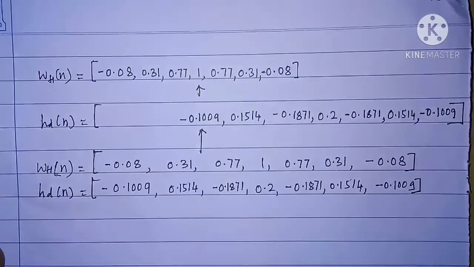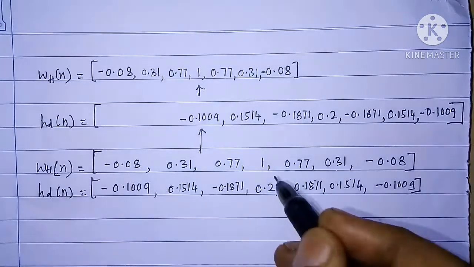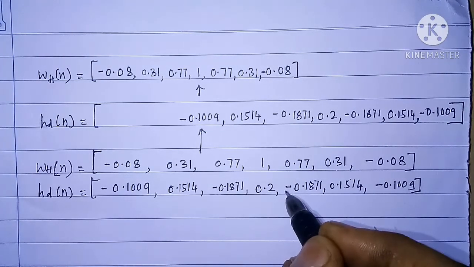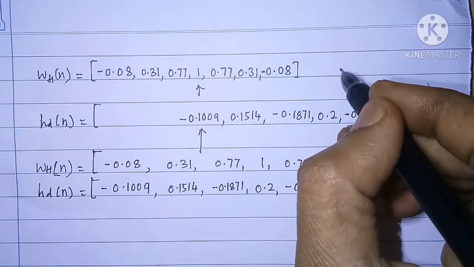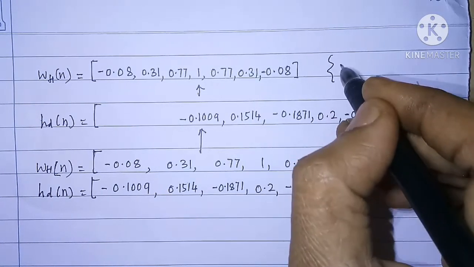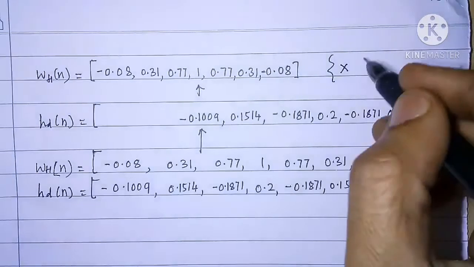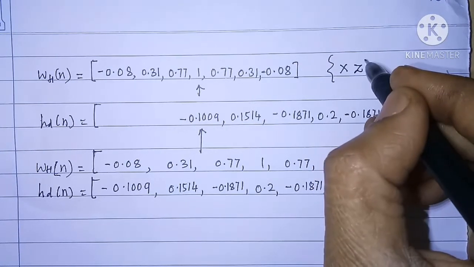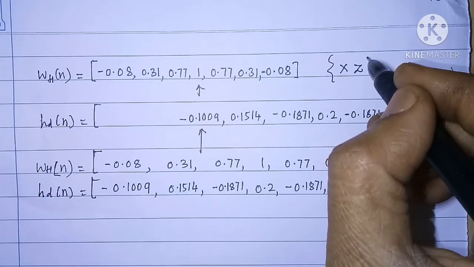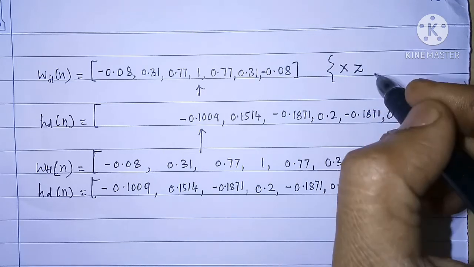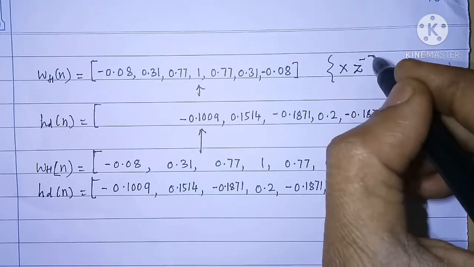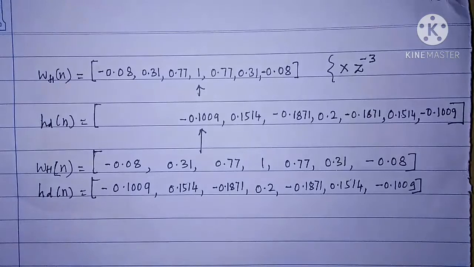That is, in this way. Writing like this is as good as multiplying WH of n by z raised to minus of n minus 1 by 2, that is minus 3.